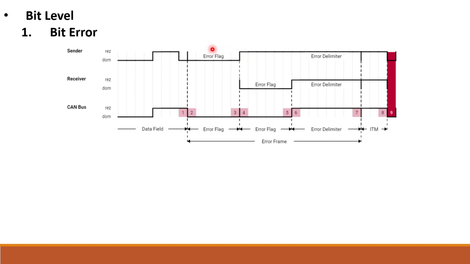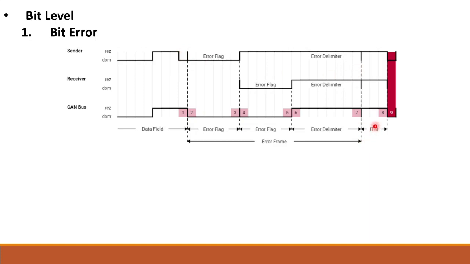This error flag is sent by the sender, and due to the six continuous zeros, the receiver also should send the error flag, again six zeros. Finally it will end with eight recessive bits. This is the error delimiter. This is the way we send the error frame following a bit error.